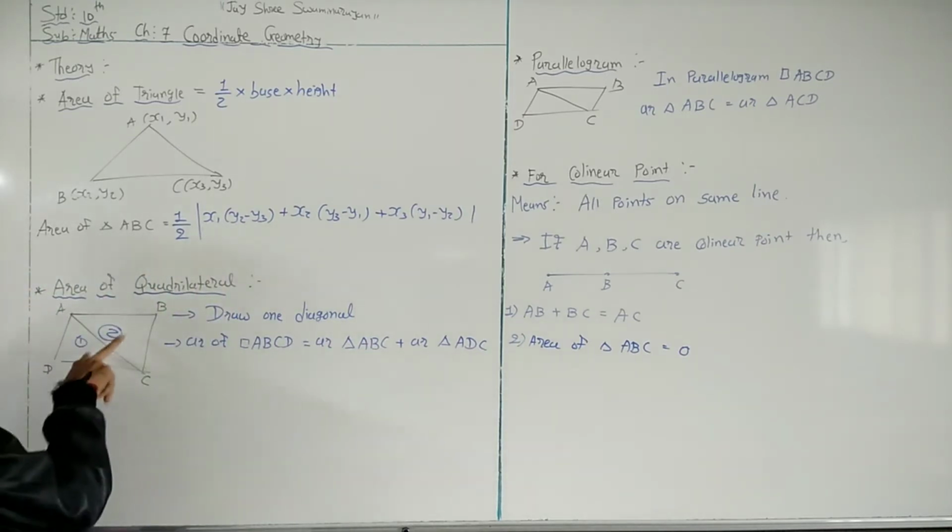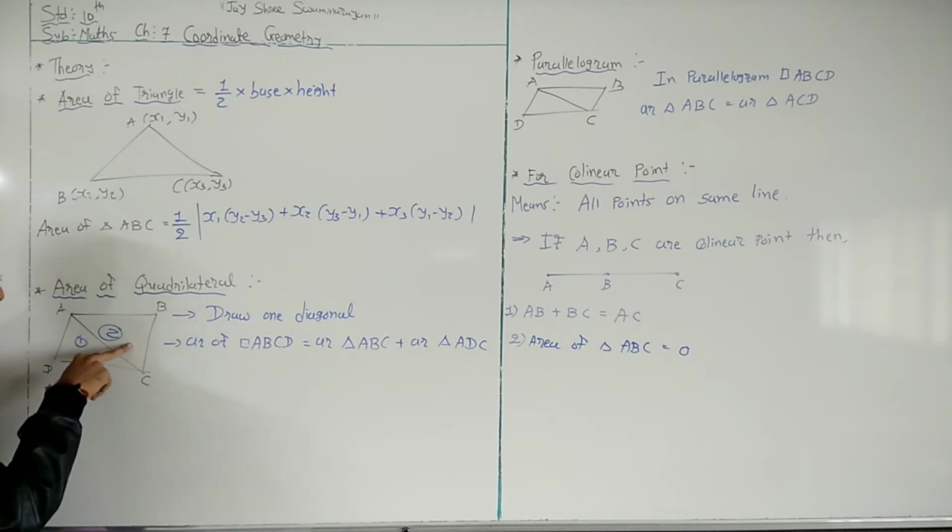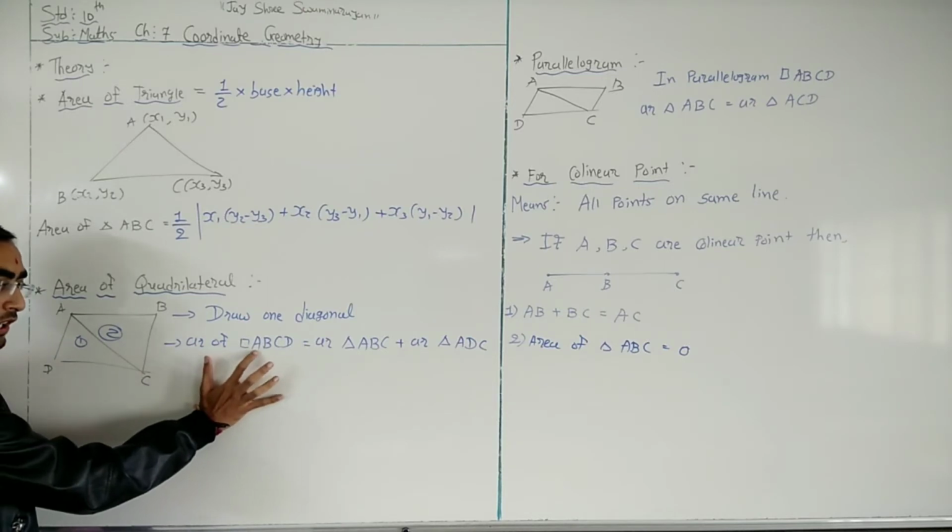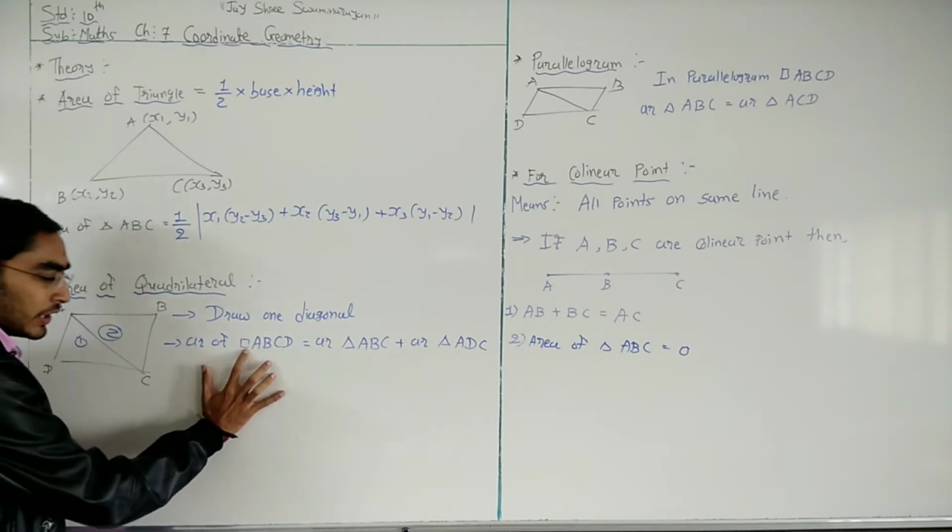After that, addition of area of these two triangles gives the area of quadrilateral. Okay, so area of quadrilateral ABCD, this is the sign of quadrilateral.